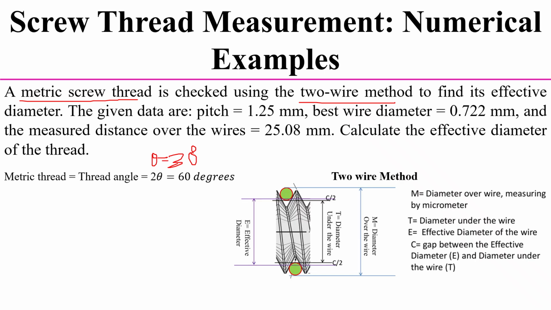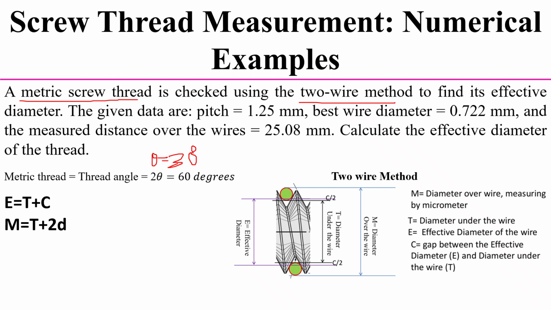And here we are using the two-wire method to find the effective diameter. In the previous lectures we discussed the two-wire method, and effective diameter capital E equals T plus C. Here capital T is the diameter under the wire and capital C is the gap between the effective diameter E and the diameter under the wire. And also we know one more relation, M equals T plus 2d, where T is the diameter under the wire and small d is the diameter of the wire.